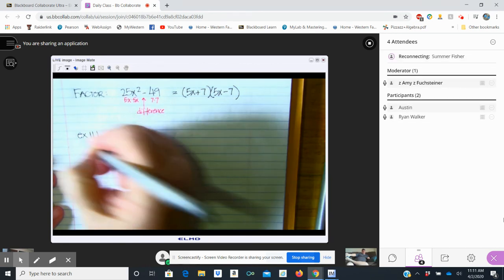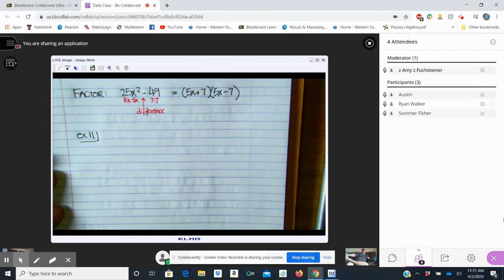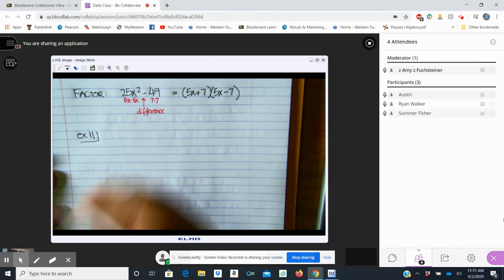So a square that's 7x and a square that's 7, that's different, right?